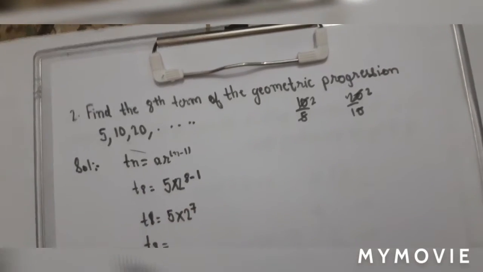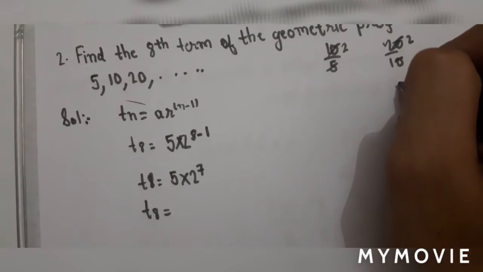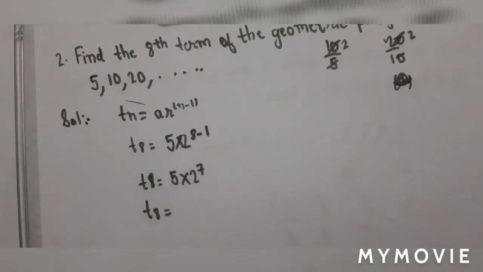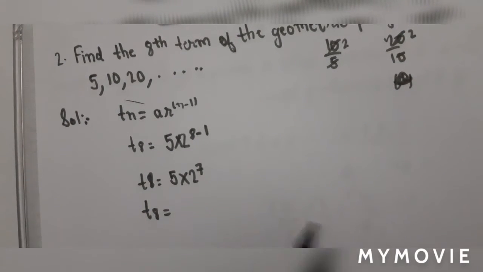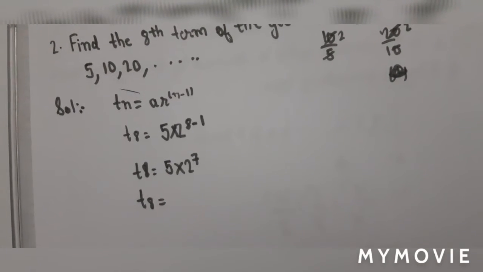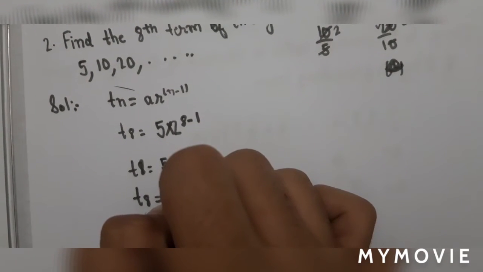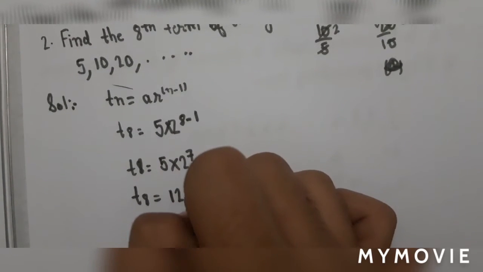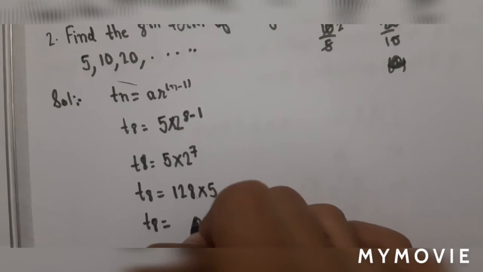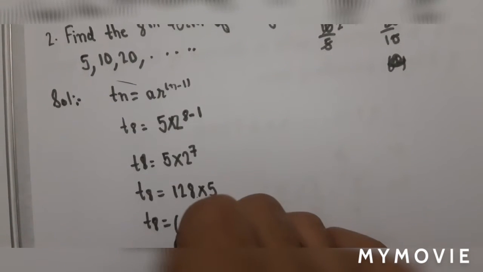So T8 equals 5 into 2 to the power of 7. 2 to the power of 7: 2, 4, 8, 16, 32, 64, 128. Then 128 into 5: 8 fives are 40, carry 4; 5 twos are 10, plus 4 is 14; 1 carry 5.